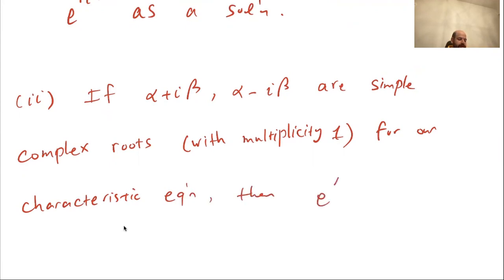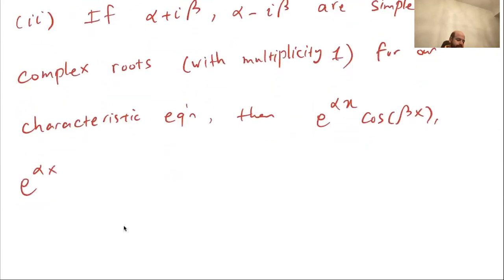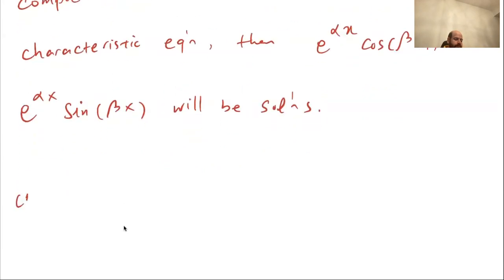Then we can consider e to power alpha x cos beta x and e to power alpha x sine beta x as solutions. So the recipe in the case of simple roots is simple. If it's a real root, e to power rx. For complex roots alpha plus or minus i beta, e to power alpha x cos beta x and e to power alpha x sine beta x.